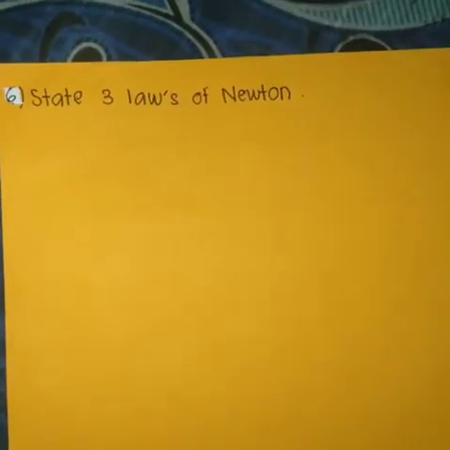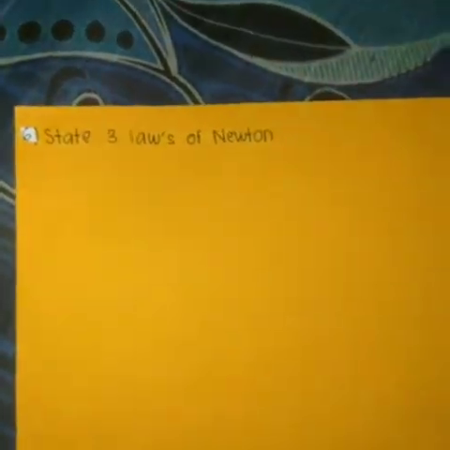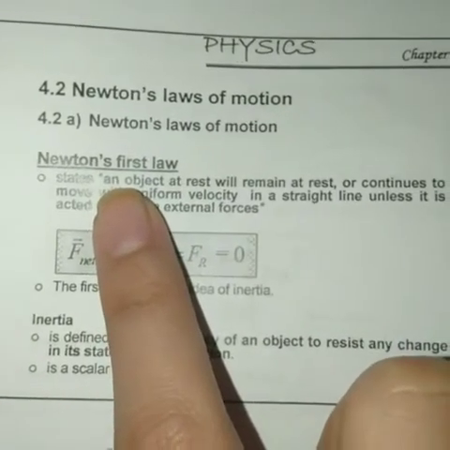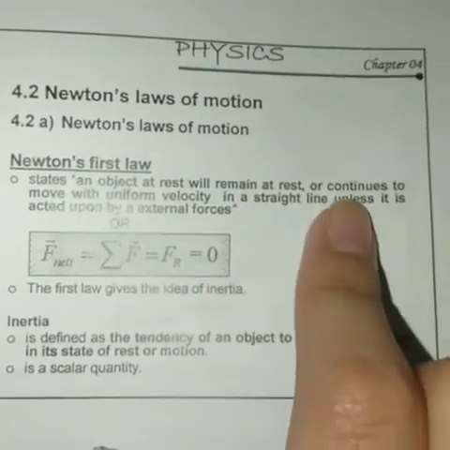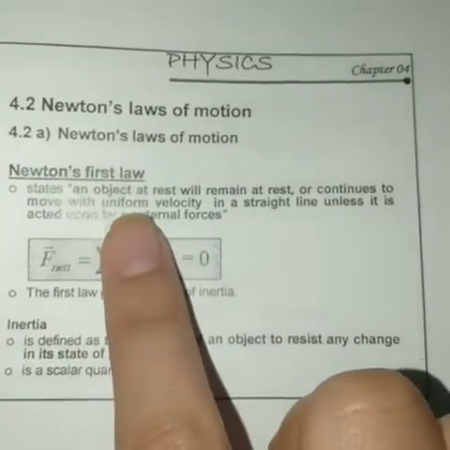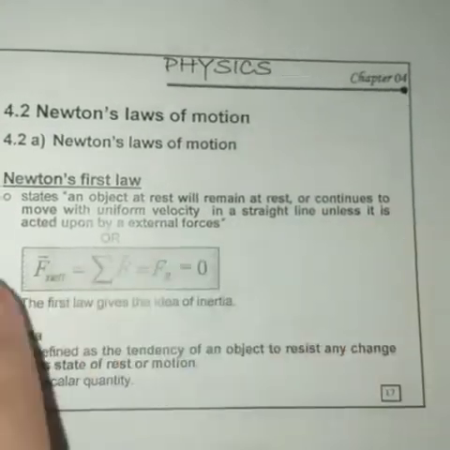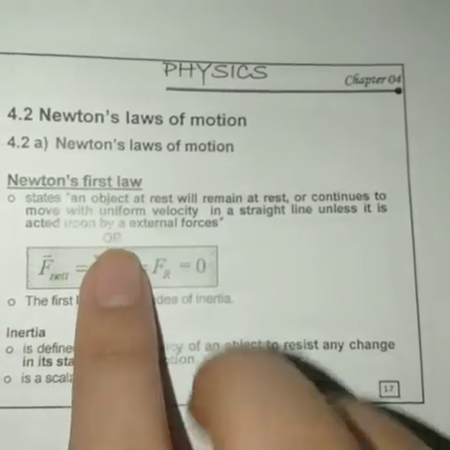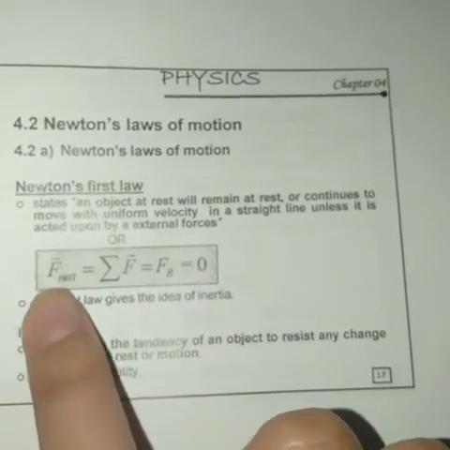Okay, for the next question, we need to state 3 laws of Newton, and the first law is: an object at rest will remain at rest or continue to move with uniform velocity in a straight line unless it is acted on by an external force, and by a symbol we get this.